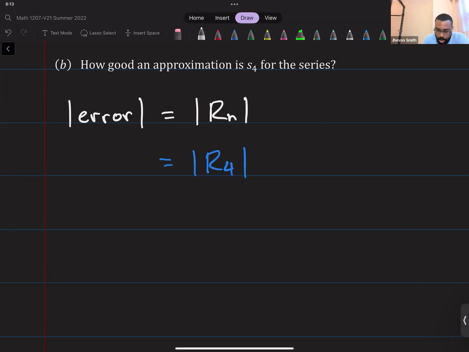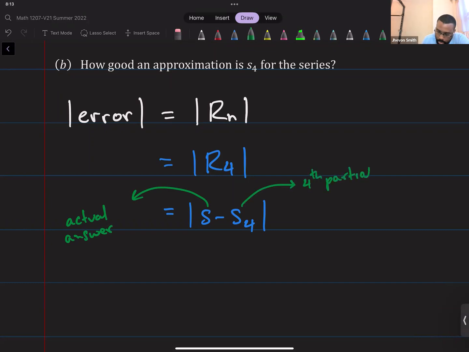Now we know by the alternating series test, well, we actually know this by the definition, this is defined as S minus Sn, or in this case S minus S4, where S is the actual answer and S4 is the 4th partial sum used to approximate the answer.